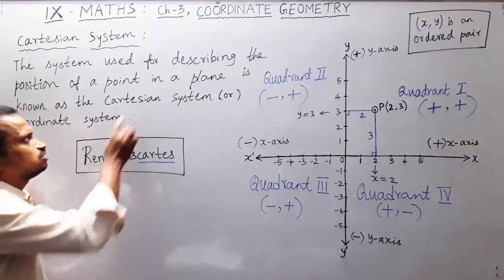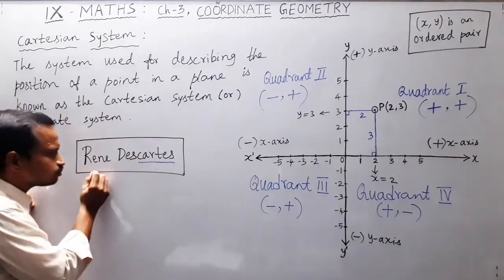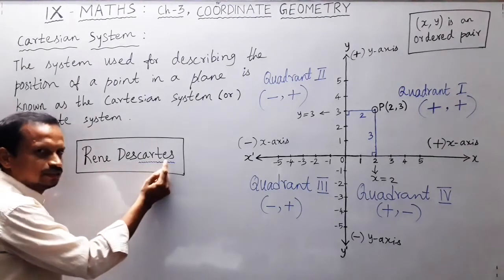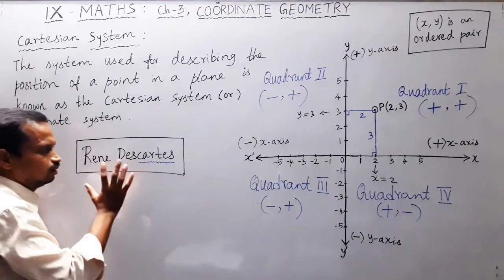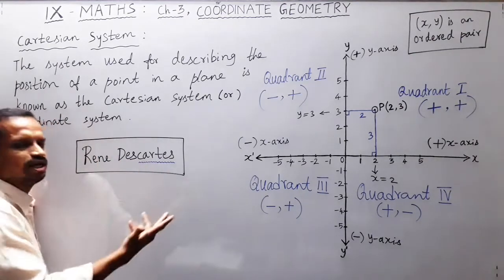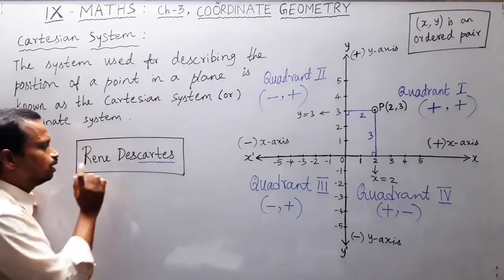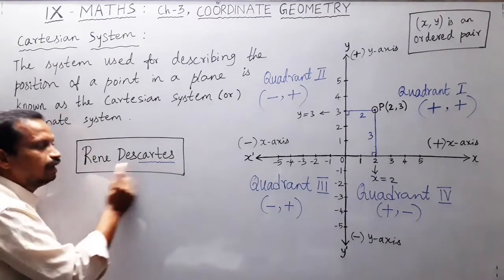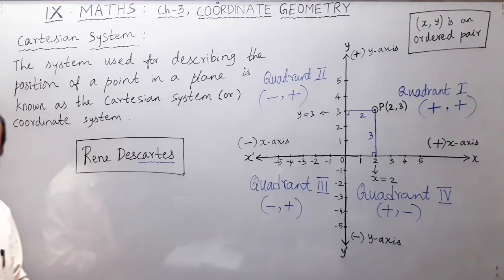But this name, Cartesian system, came from the name of the mathematician who initiated this study of coordinate geometry, René Descartes. That is the pronunciation of this name.